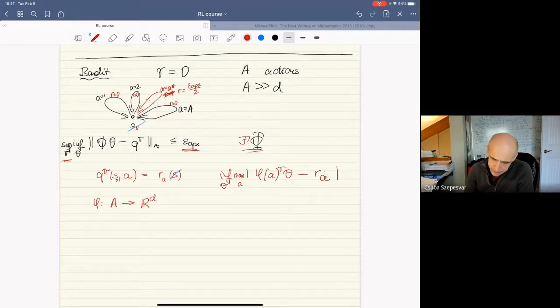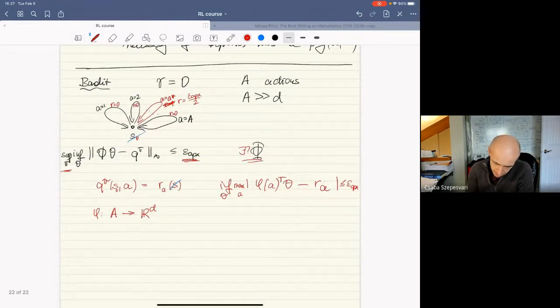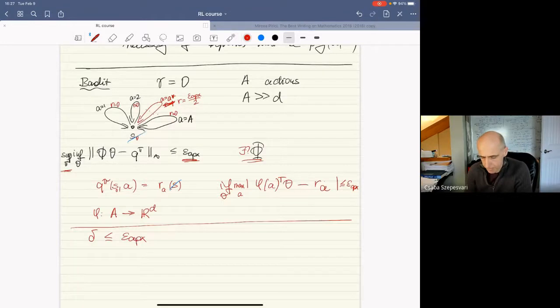And the question is, if I can choose these features such that this is smaller than this desired approximation error, and I demand that the target accuracy of the algorithm, so the suboptimality of the algorithm, is delta, and delta is smaller than the approximation error.